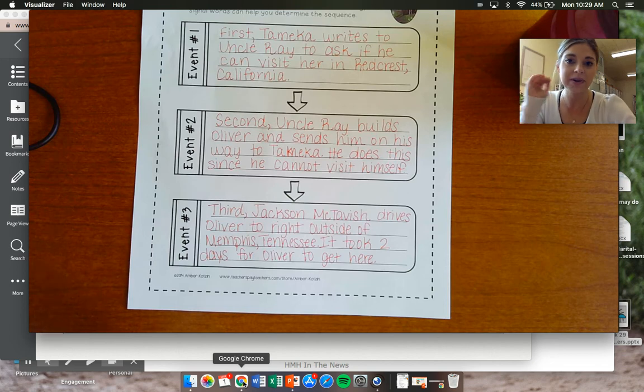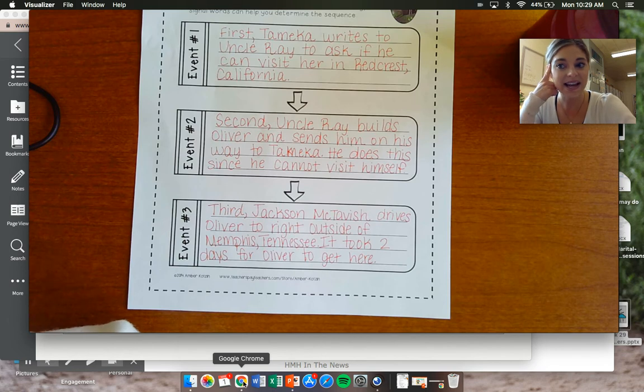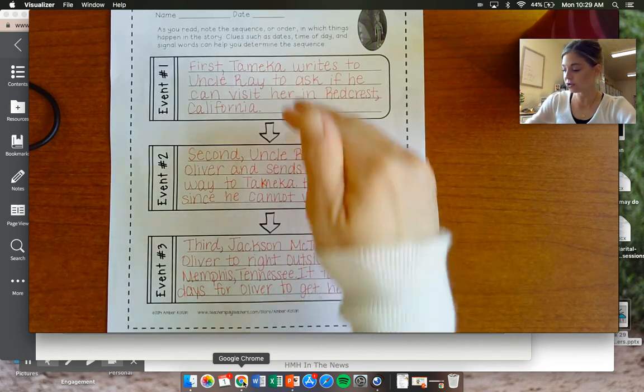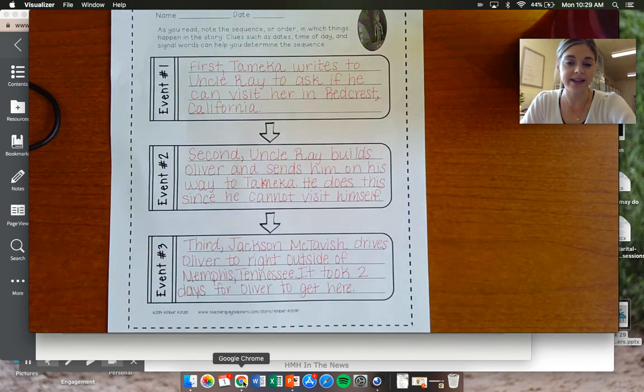And if you can't say it out loud, then think about it in your head. What does sequencing mean? We just did it here. This flow chart helped us sequence the events. And if you're thinking that it means to put the events of a story in order, then yes, you are correct. Sequencing means to put the events of a story in order.